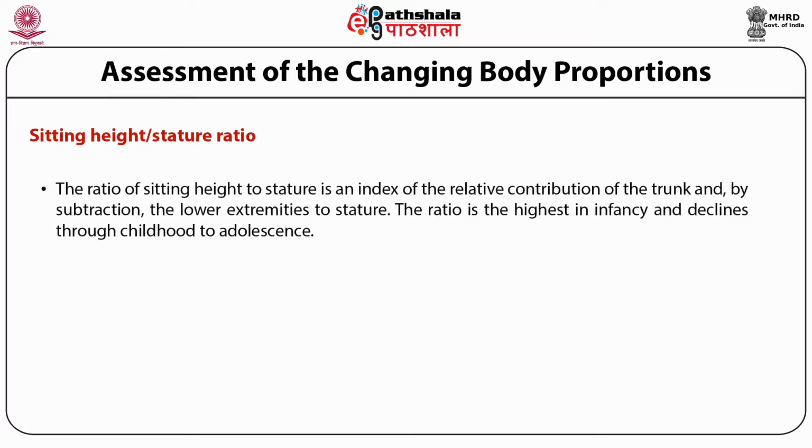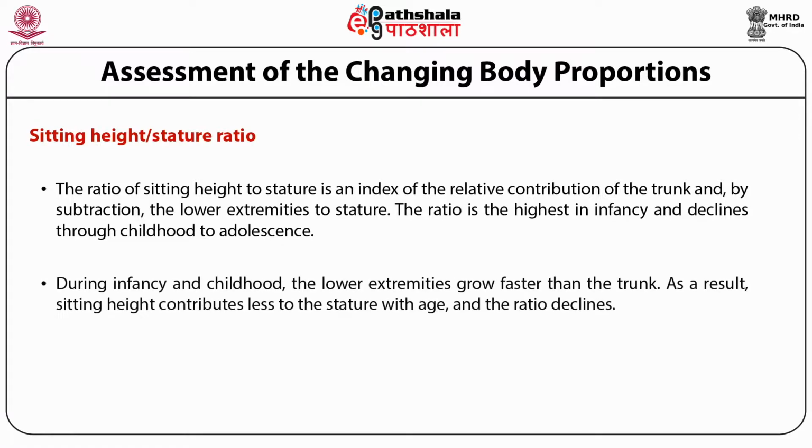The ratio of sitting height to stature is an index of the relative contribution of the trunk and, by subtraction, the lower extremities to stature. The ratio is the highest in infancy and declines through childhood to adolescence. It is lowest during the adolescent growth spurt and then increases into late adolescence.